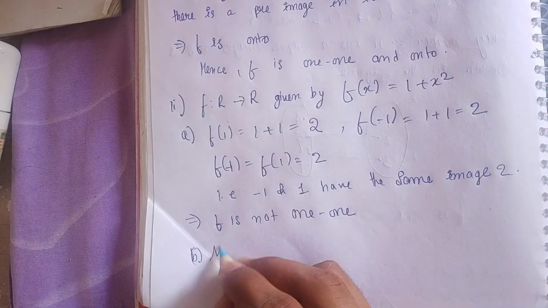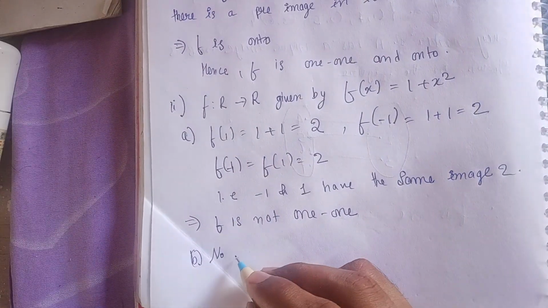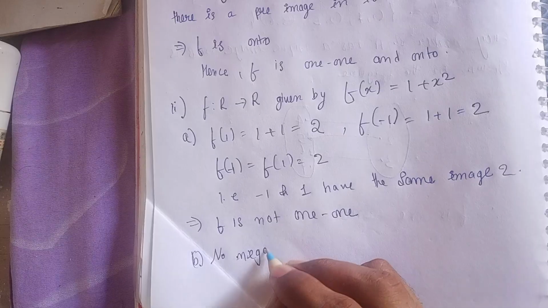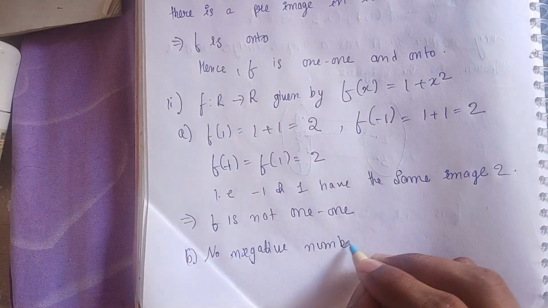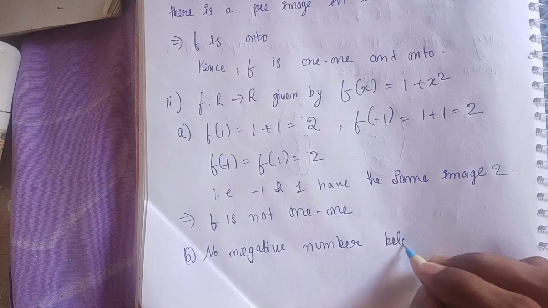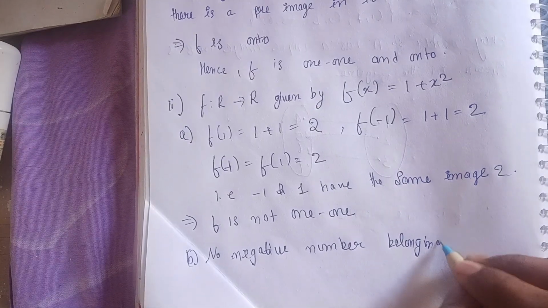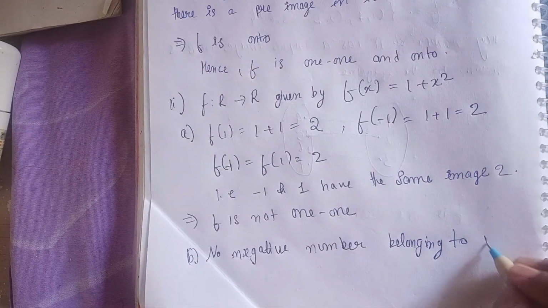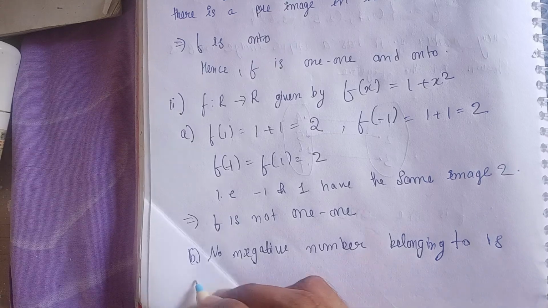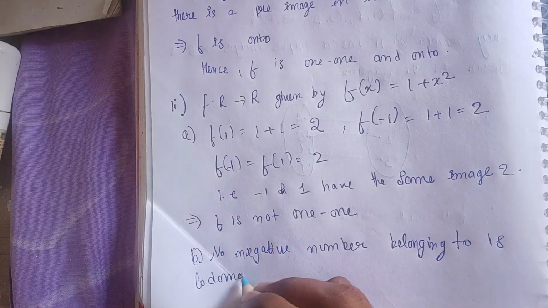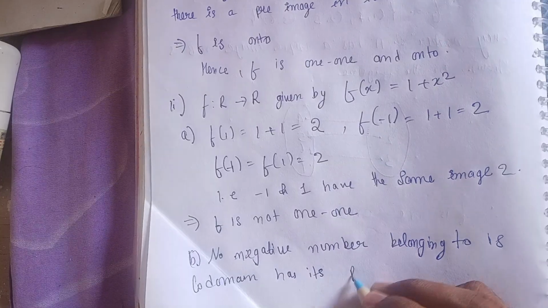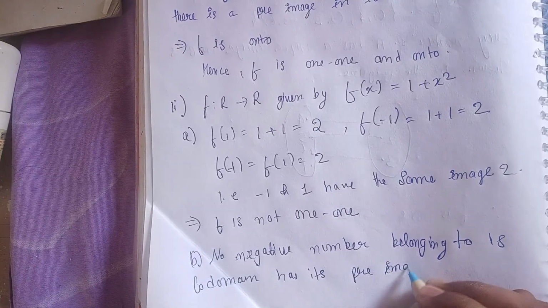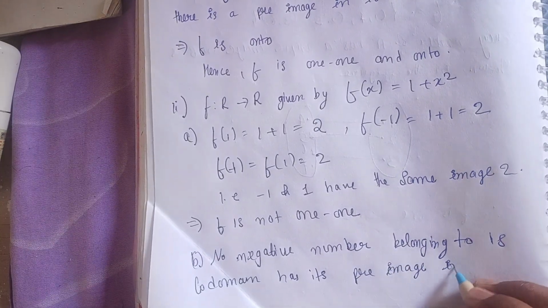Now for onto: no negative number belonging to its codomain has its preimage in its domain.